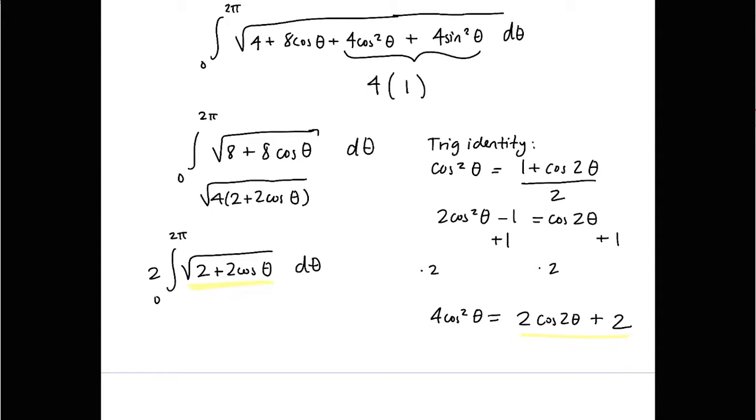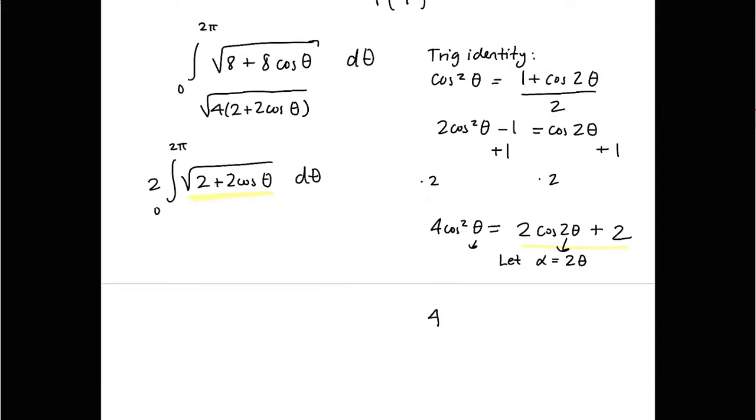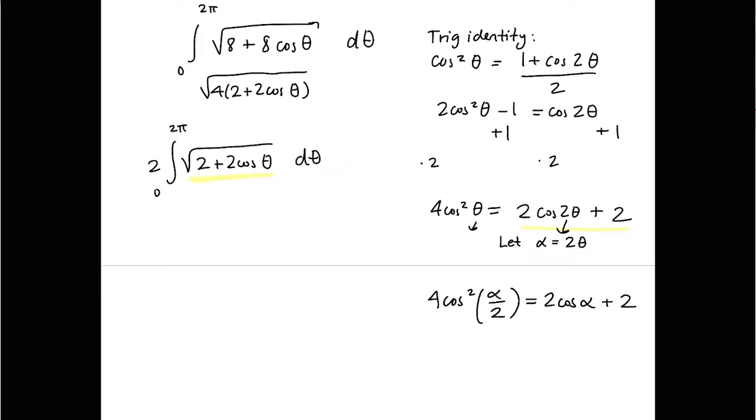So if I go ahead and let alpha equal 2 theta here, then this side equals alpha over 2. So now I have a trig identity that looks exactly like what's happening over here.